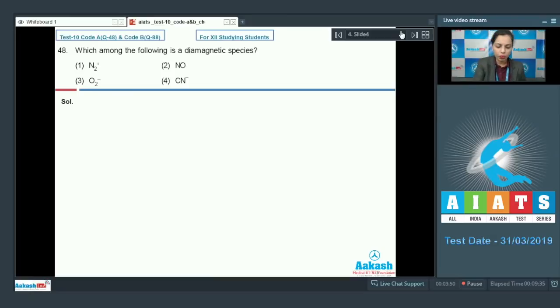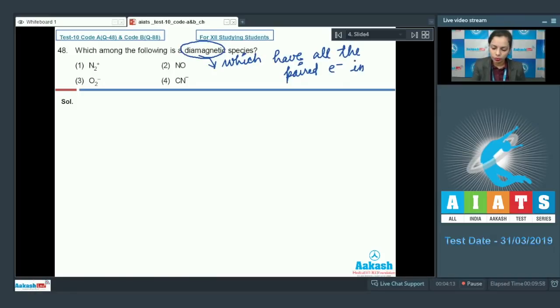Let's take question number 48. Which among the following is the diamagnetic species? What are diamagnetic species? If we talk about diamagnetic species, these are those species which have all the paired electrons in their molecular orbitals.